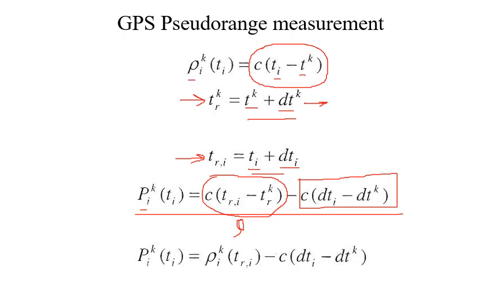For this reason, instead of geometric measurements, we obtain pseudo-range measurements in GPS or GNSS receivers.